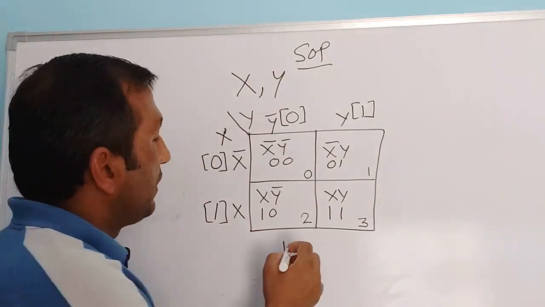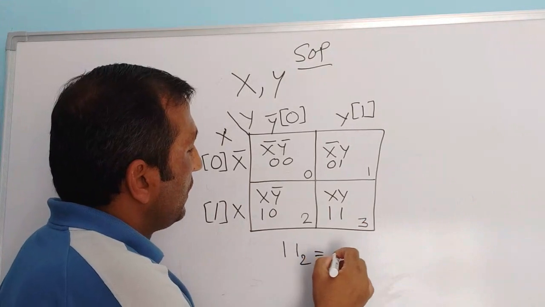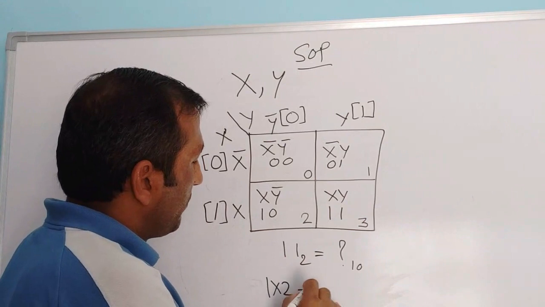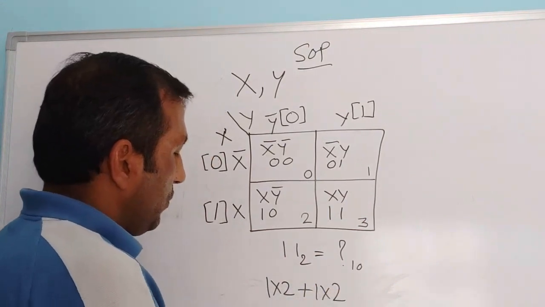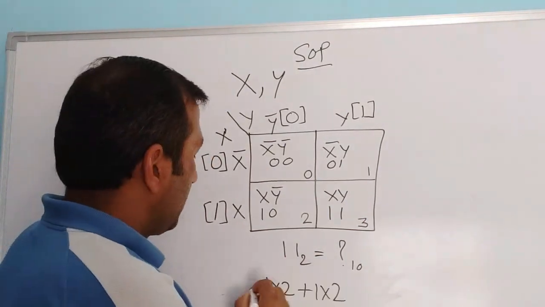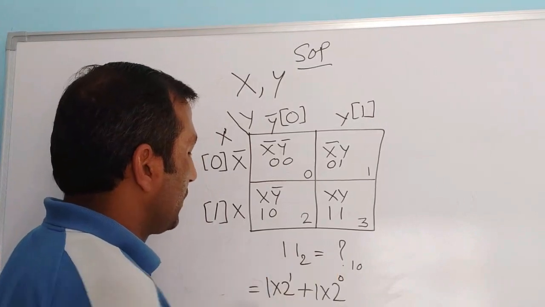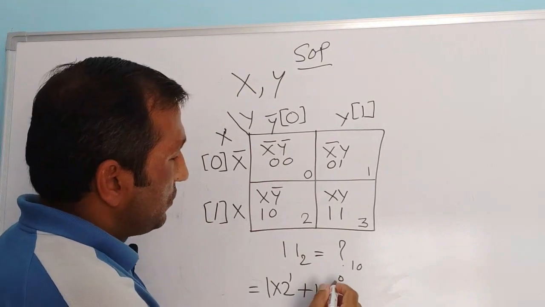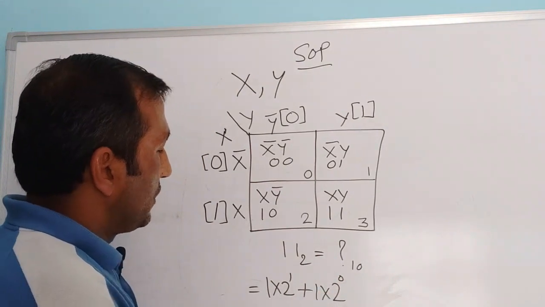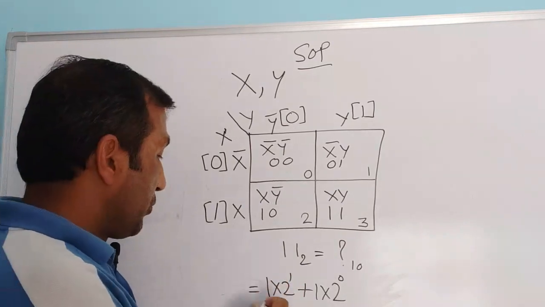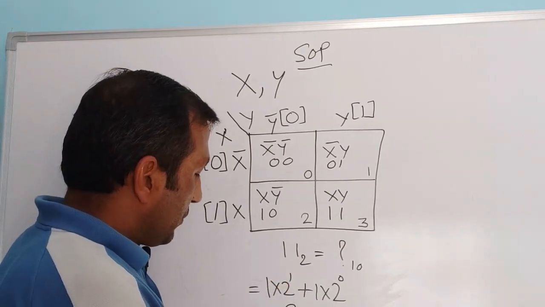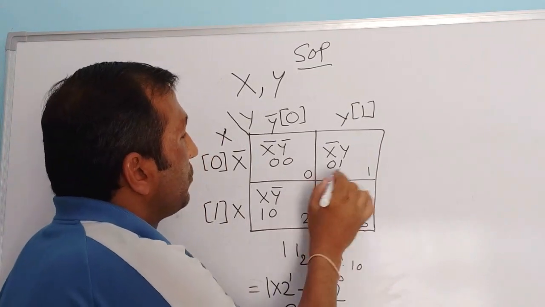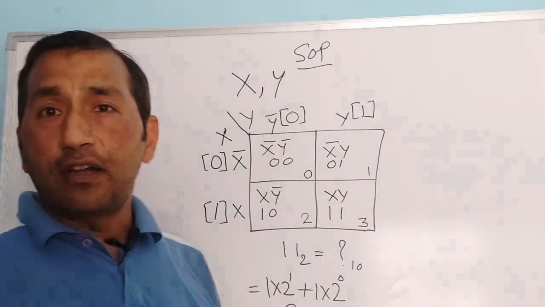To convert binary to decimal, we multiply by powers of 2, as it is a positional value system. Any number raised to power 0 is 1, so 1 multiplied by 1 is 1, and 2 raised to power 1 is 2, so 1 into 2 is 2. The sum comes to 3. That is why we have used 3 over here. The same applies for 0 1 and 1 0 also. So now I think you have understood.